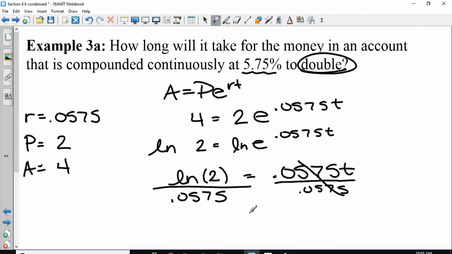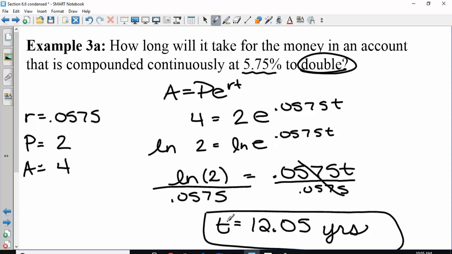So natural log of 2 divided by 0.0575. Time is measured in years, so it takes just over 12 years for this to happen.